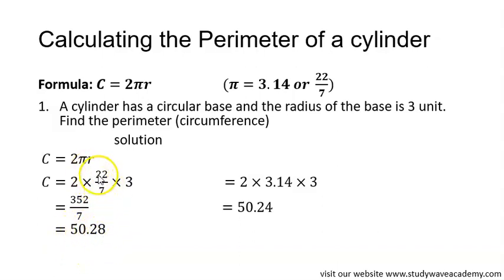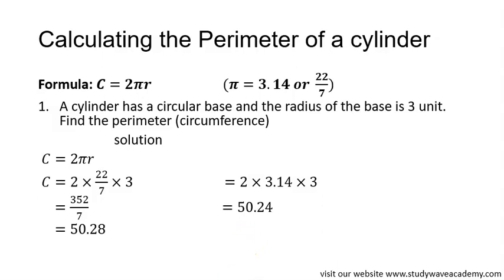If you don't want to use 22/7, you use the decimal, okay? You can say 2 times 3.14 times 3. Instead of using 22/7 for the pi, you can use 3.14. So you multiply this together, and what is going to be your answer? 18.84. It's still the same thing, it's just the approximation, okay?